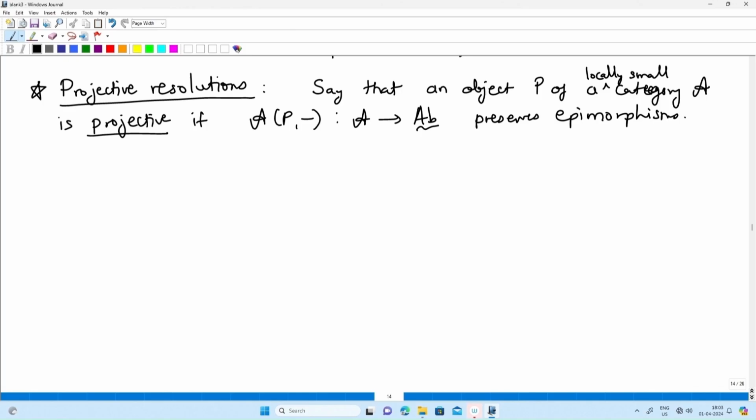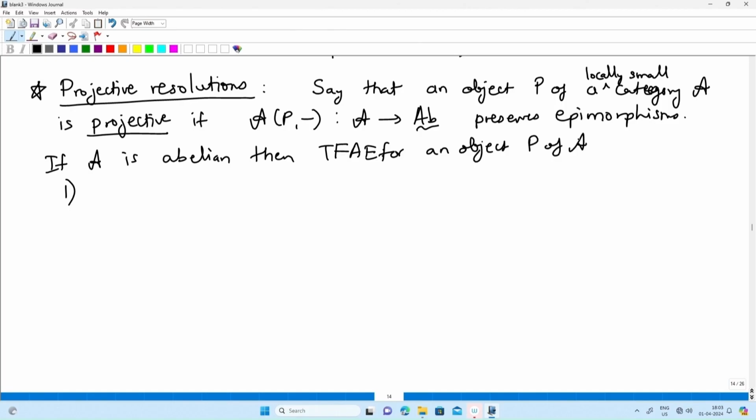Now, if A is abelian, then the following are equivalent for an object P of A. The first condition is that P is projective.